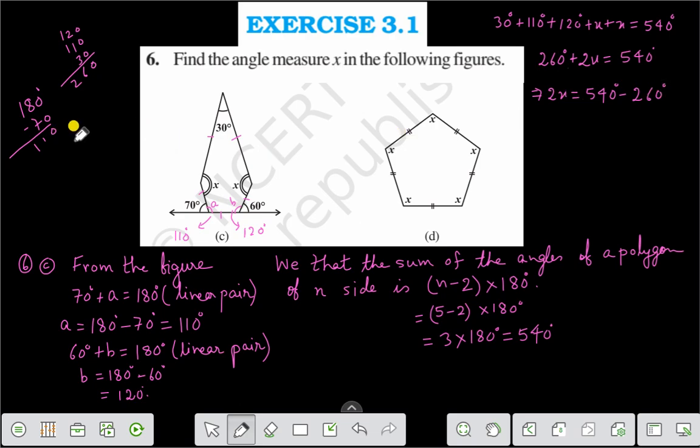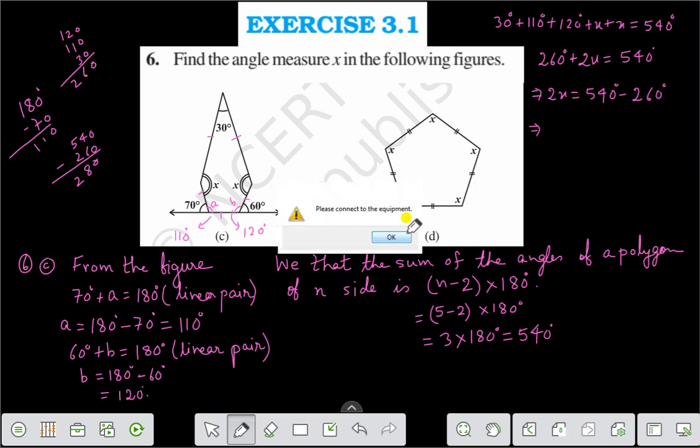If we subtract 260 from 540 degree, then we are getting 280 degree. Or you can write 2x is equal to 280 degree.